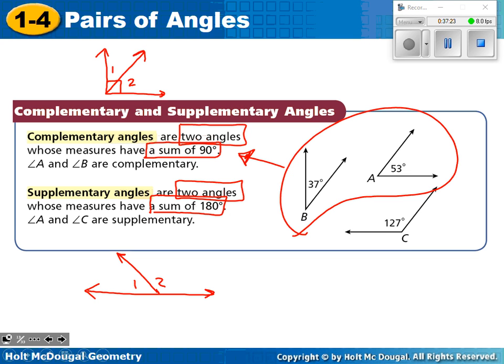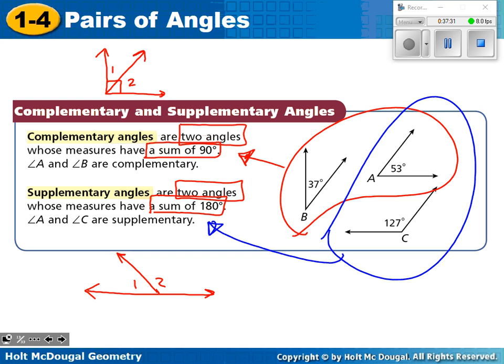Which two angles over here will add to be 180? A and C. So these two will be supplementary, but they're just not adjacent. If they're supplementary and they're adjacent, and it's just two angles, then we call it a linear pair. So on the homework, if they say name the most precise name, and it's a linear pair, you're not going to put adjacent or supplementary, you're going to put linear pair. Okay?